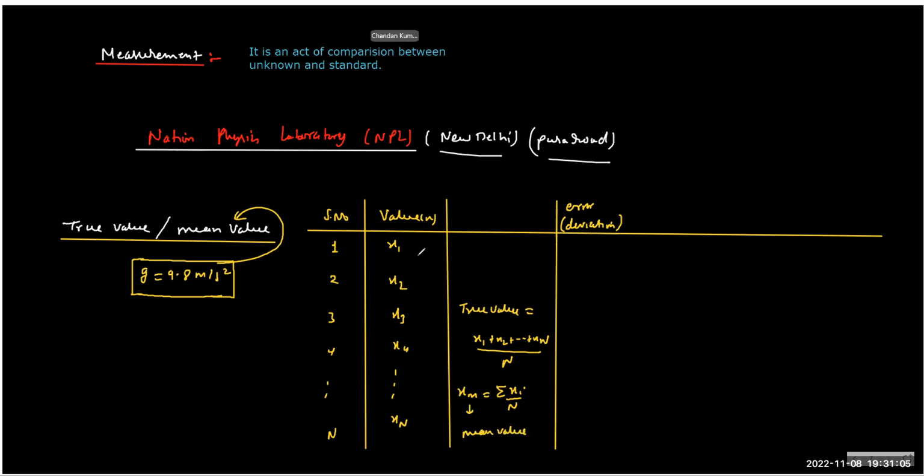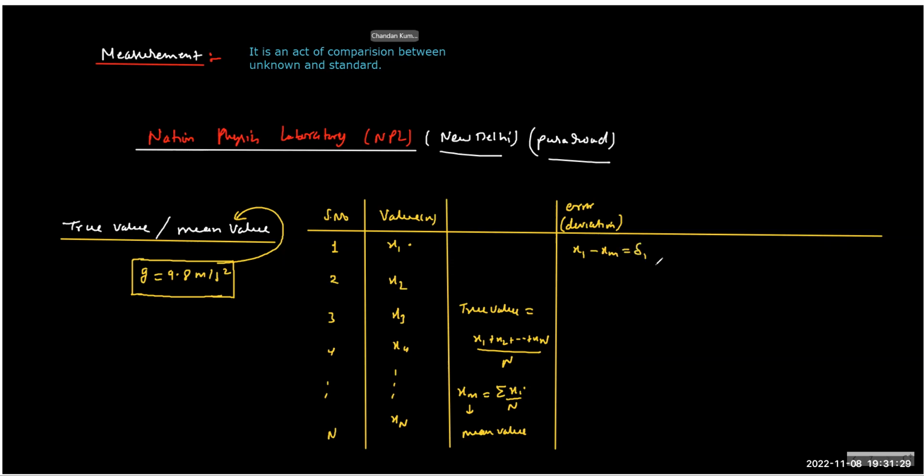Now, if you go back to your original trial values, x1, x2, x3, x4, x1 may not be equal to xm. So there is a deviation, there is a difference. When you subtract the experimental value from the mean value, you get some deviation.